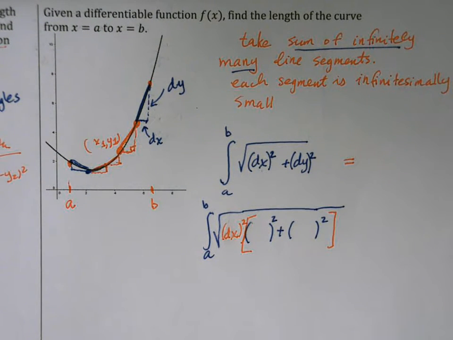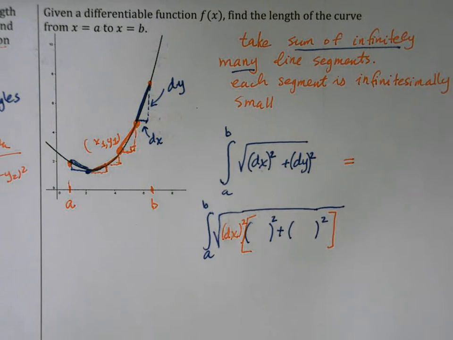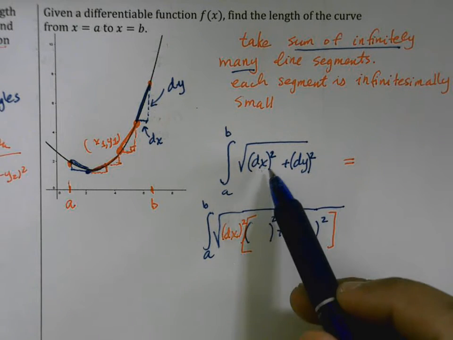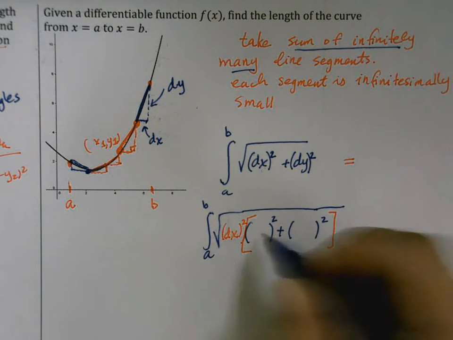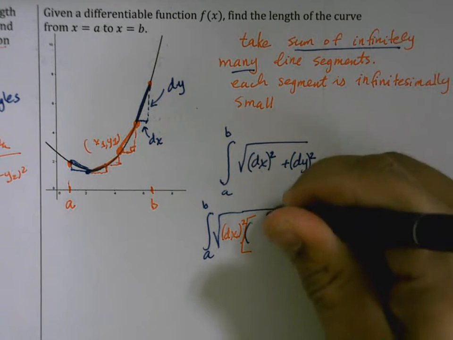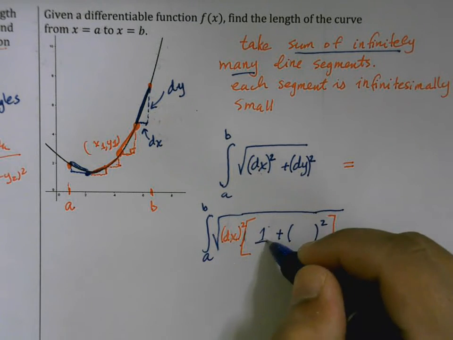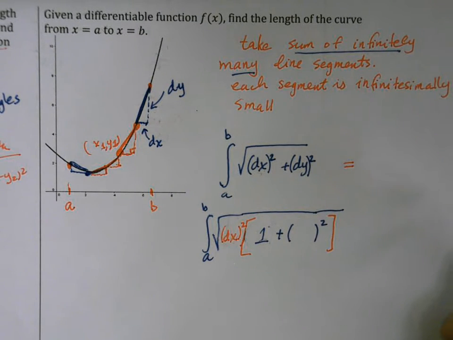Okay. Let me just rewrite this a little bit cleaner here. So I'm going to factor dx squared out of both of these terms. Well, once I take dx squared out of here, now all I have left is 1. All I have left now is 1 in here. Okay.